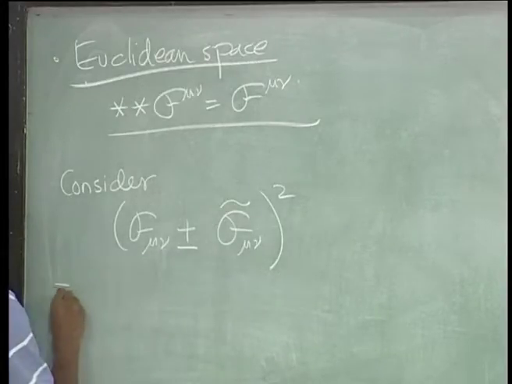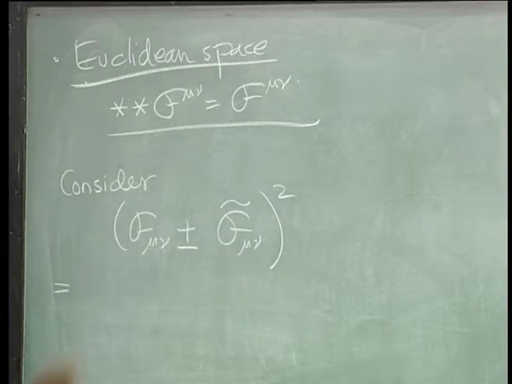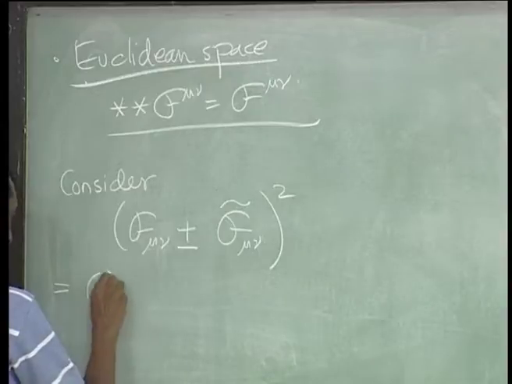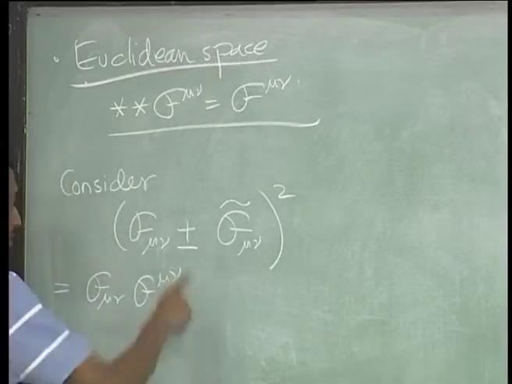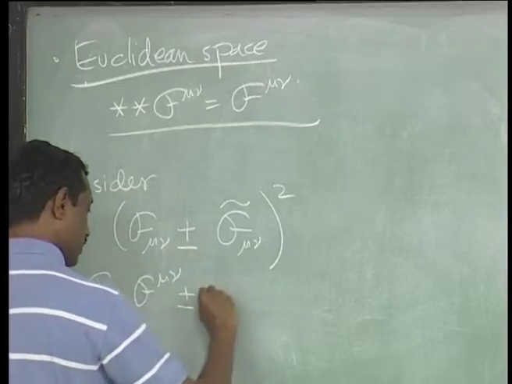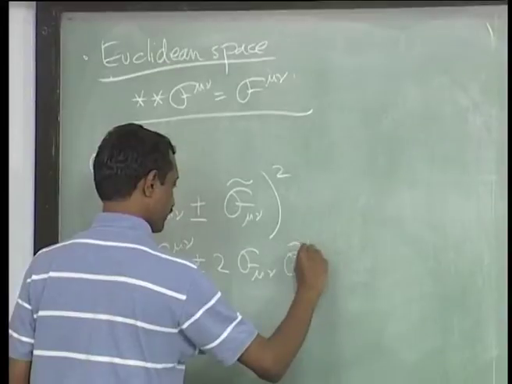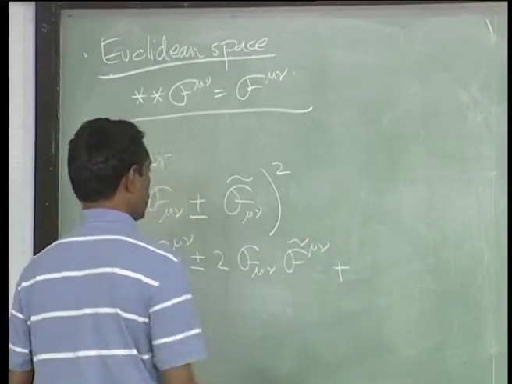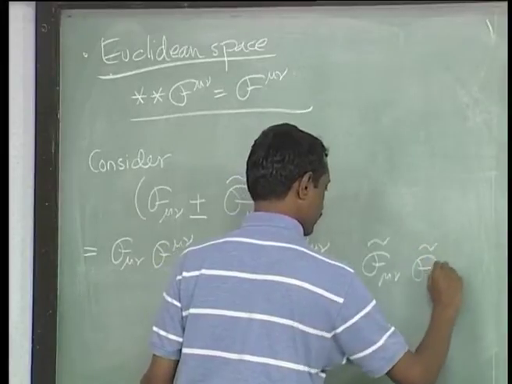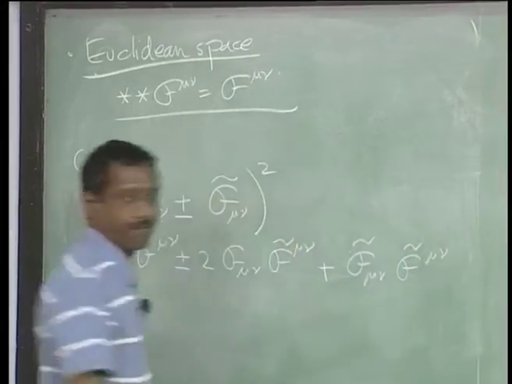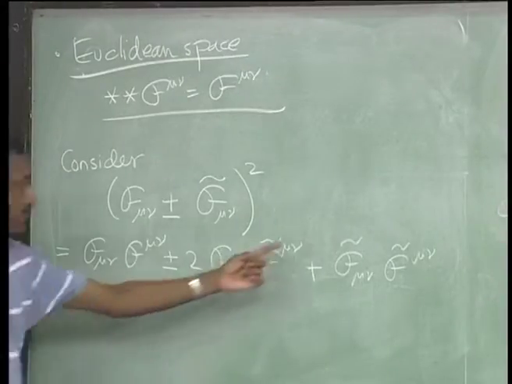If I expand this, by this I mean writing the other one with one index upper etc., you can see that I get f mu nu f mu nu, and then plus or minus 2 f f tilde, plus f tilde f tilde. But there is an important point here.